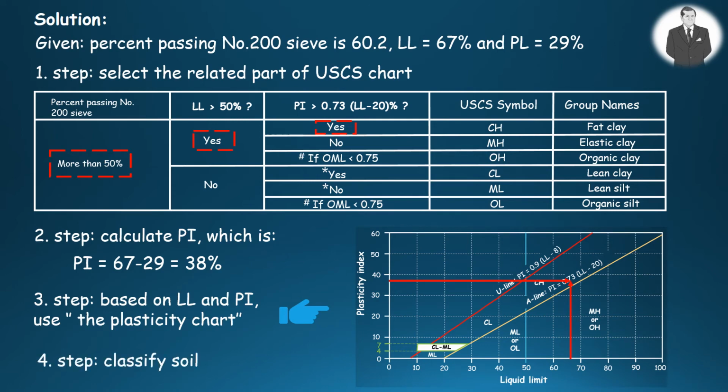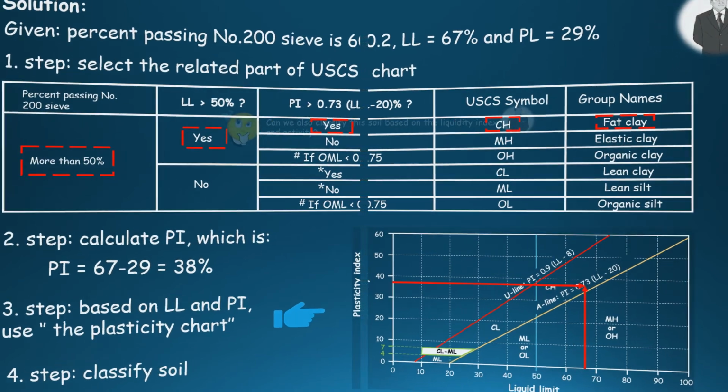Now, in the final stage, we need to classify the soil accordingly. The USCS symbol for the soil is CH with group name defined as fat clay, in other words, high plasticity clay.